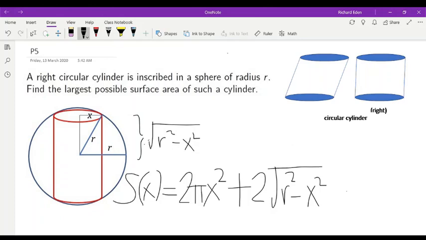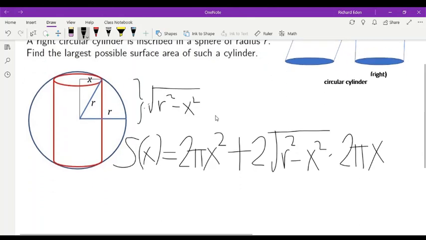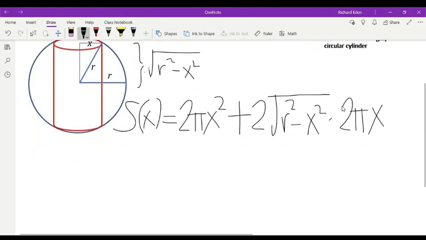And then the other dimension of the rectangle wrapped around the side of the cylinder would be the distance around the circumference of the top circular base, and that circumference is 2 pi x. So times 2 pi x. So this is our surface area, and this is what we want to maximize. We're trying to find the largest possible surface area.